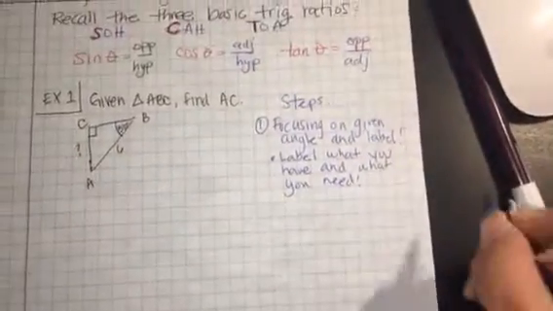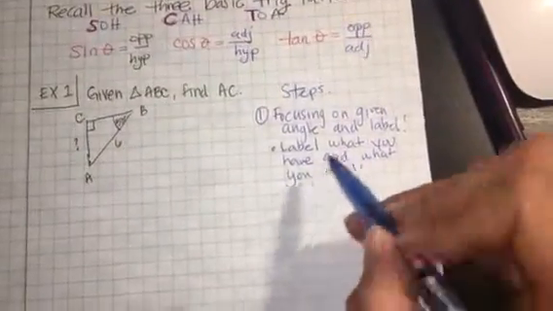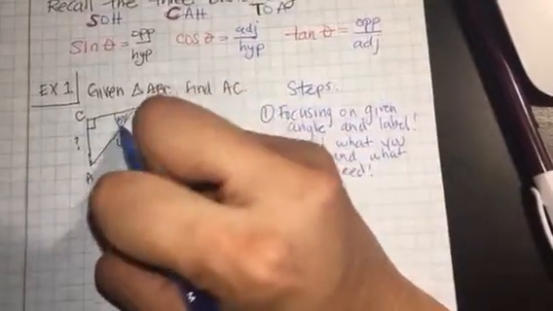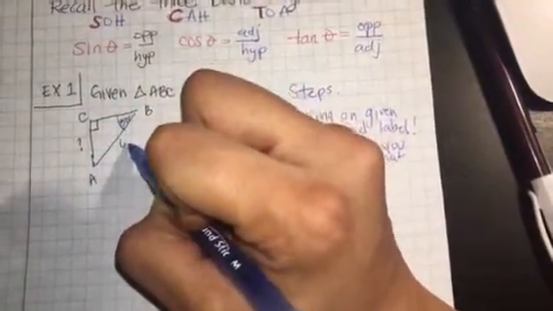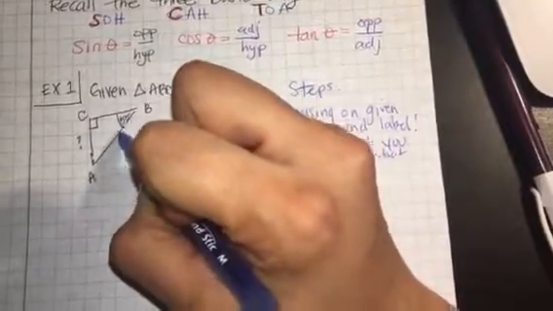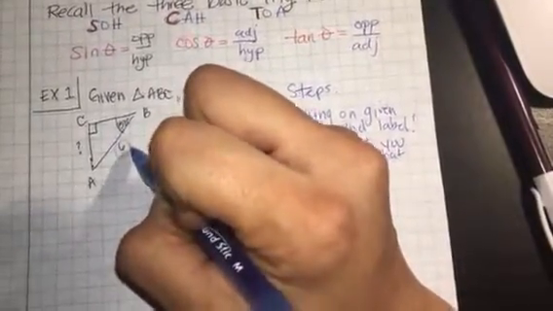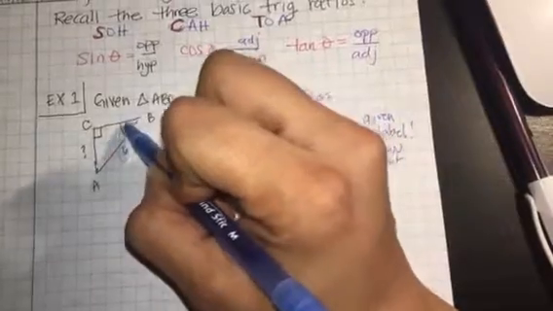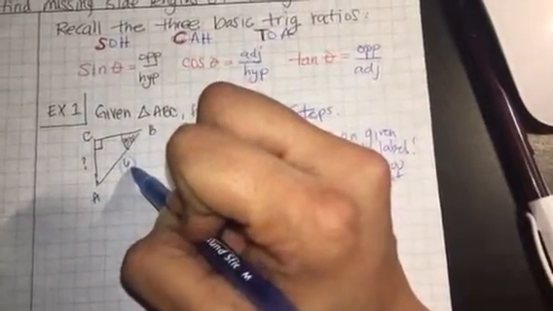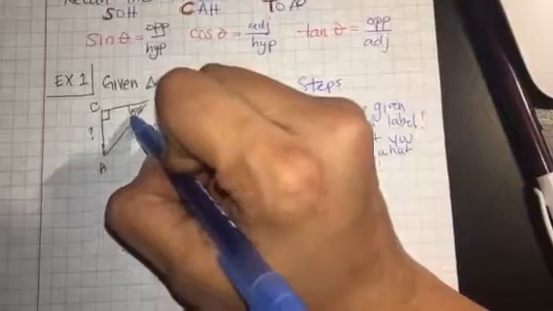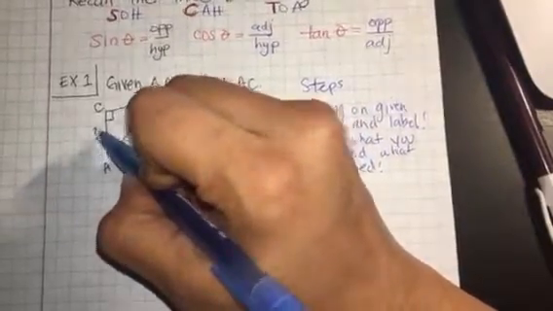You need to make sure you're labeling only what you have and what you need. So I have my 50-degree angle. I have side 6. Based off of this angle, what is this 6? Is it the hypotenuse, opposite, or adjacent? You're so smart. Yep, it is the hypotenuse. And then right across from it, this one right here, I need this one.